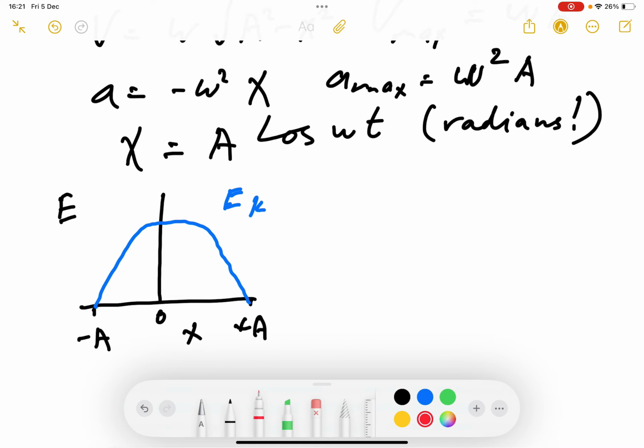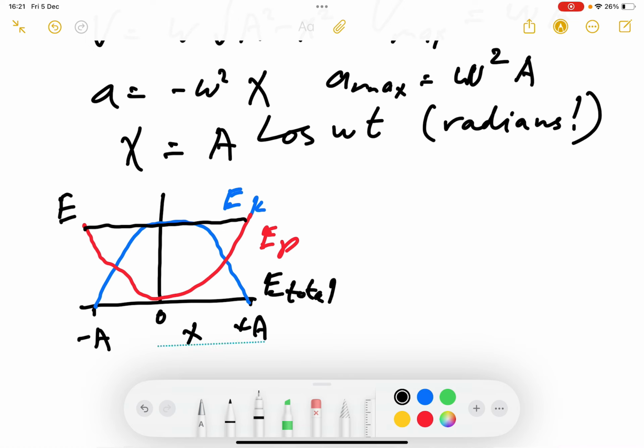The potential energy is the other way around. That's a maximum at the edges, like a pendulum is highest at the edges and lowest in the middle. So that's EP. And then finally, that's the total energy. So EP plus EK without any damping is a constant.